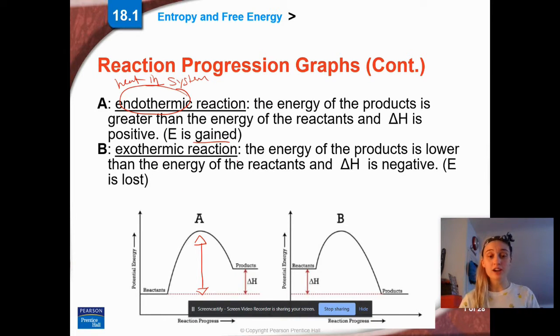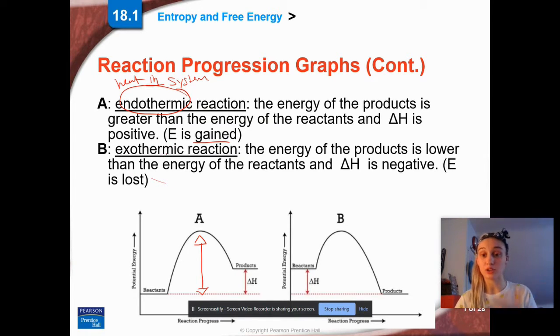In exothermic reactions, the energy of the products is lower than the energy of the reactants. This looks a lot like the graphs I showed you last week where reactants were up here and then we went up and then we went down for the products, and we went lower than the reactants for the products in our graphs last time. So this would be an exothermic reaction, and this is where heat is exiting, right?